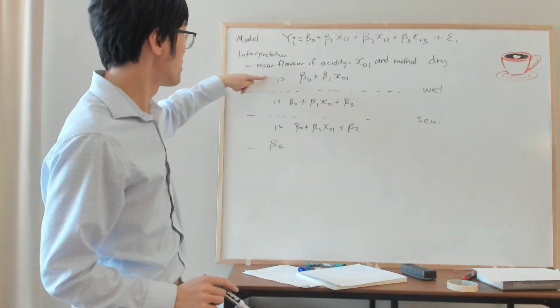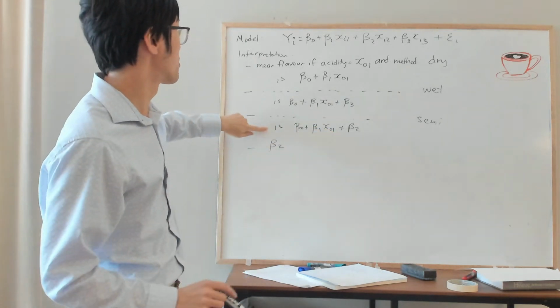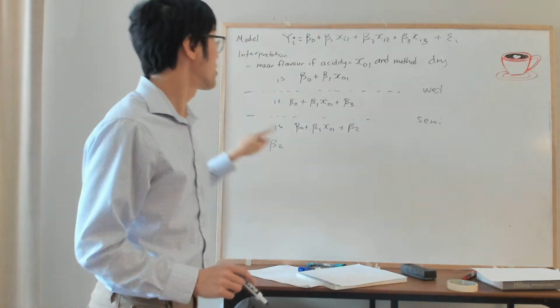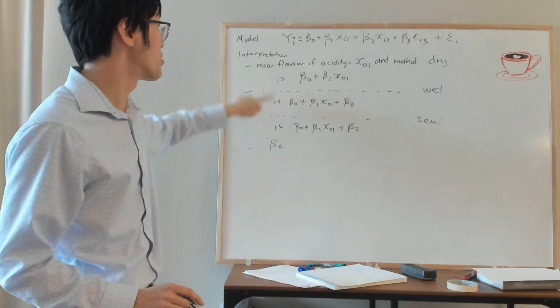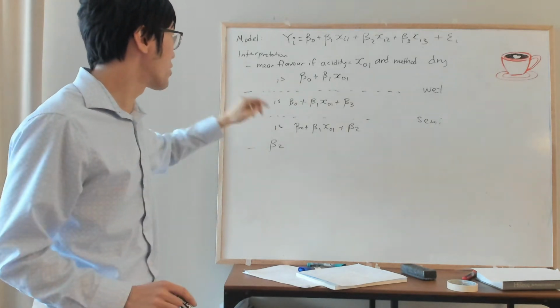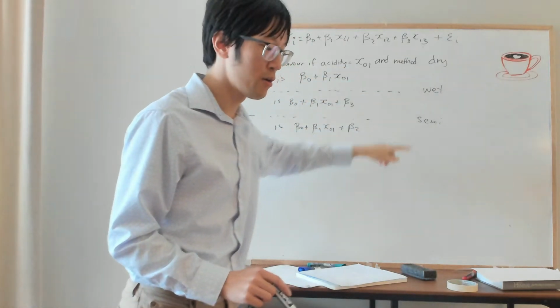Well, you look at these three expressions. Beta 2 is the difference between this third line, so the method is semi, and method dry. So beta 2 represents the difference in the expected flavor if you change the method from dry to semi.